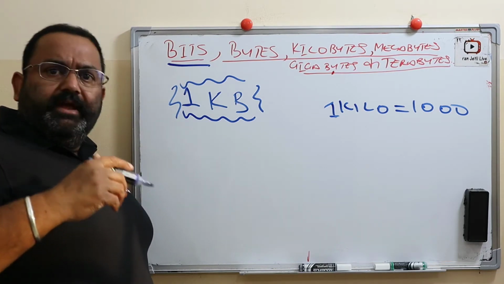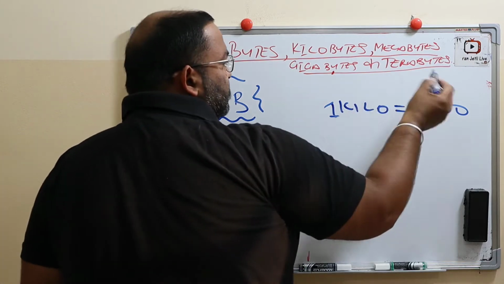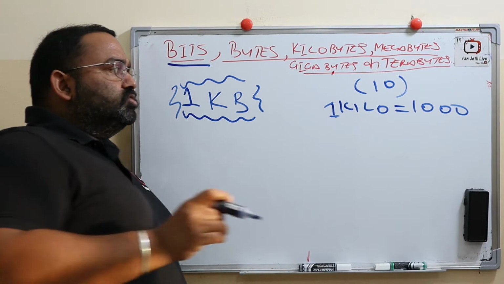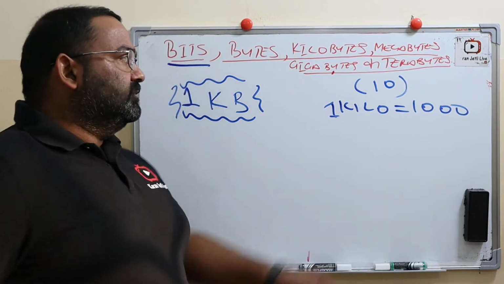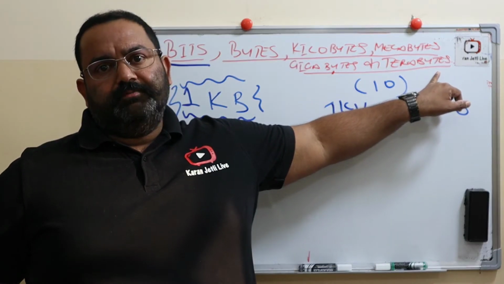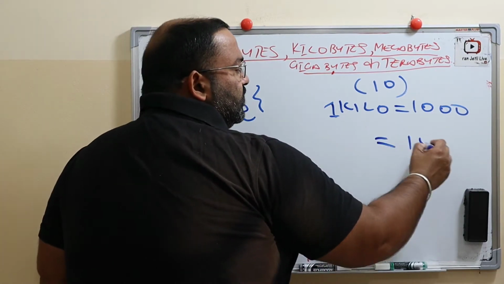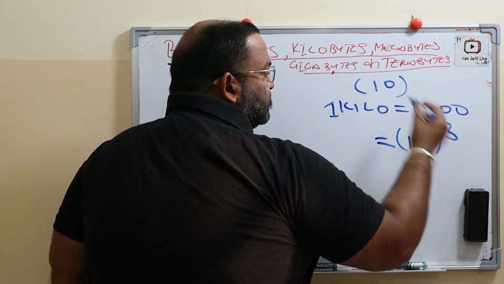In real life we use a decimal number system. The base of decimal number system is 10. So whatever units we use, their base is 10. So 1 kilo is equal to 10 raised to power 3.